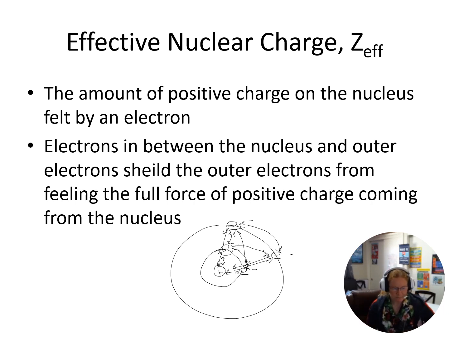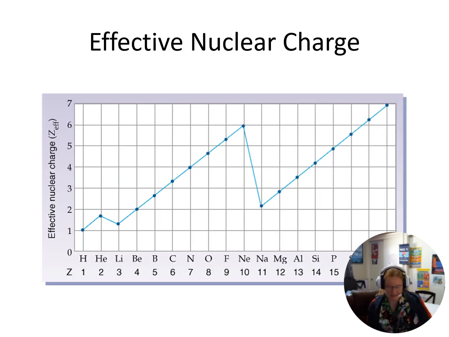And so as we go across the periodic table, we start to see a difference in that effective nuclear charge, and as our atomic radius changes, we see a different change in that effective nuclear charge.